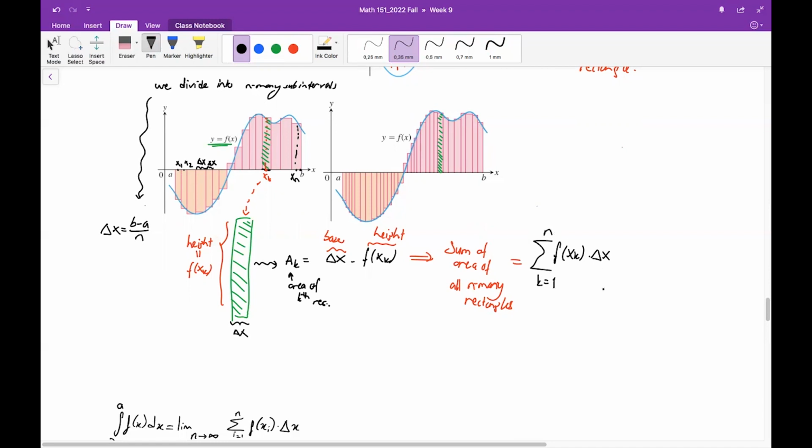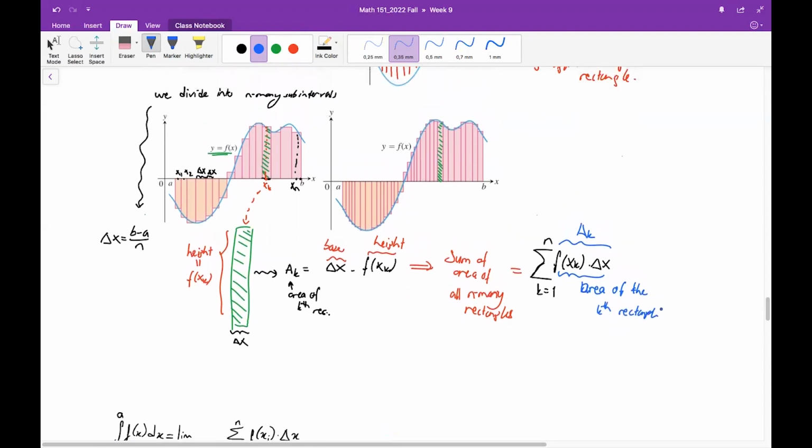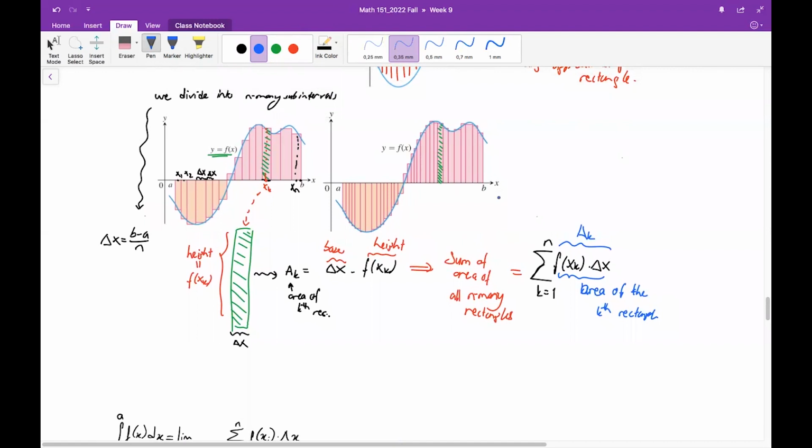So by using the sigma notation like this, I can easily sum all the areas of n many rectangles like this. Okay, and if I can put the details now, this is in fact AK, which we denote by the area of the kth rectangle. And now, okay, this sigma notation, this finite sum will give us the sum of the areas of all such rectangles shown in the figure.